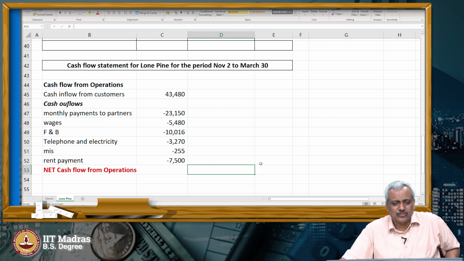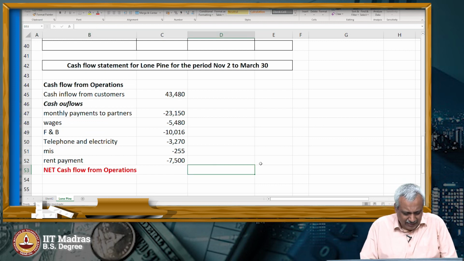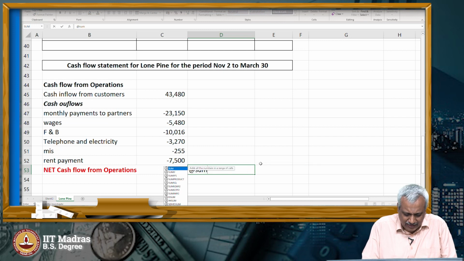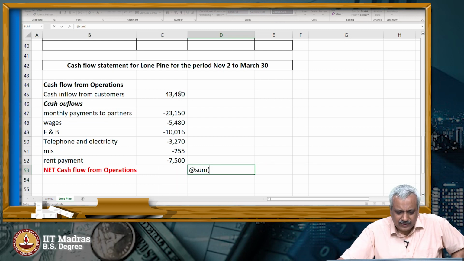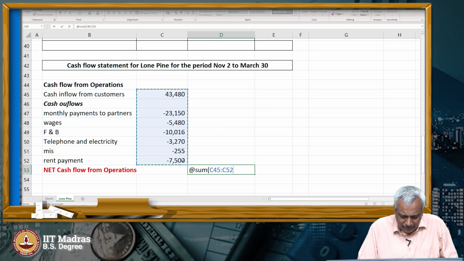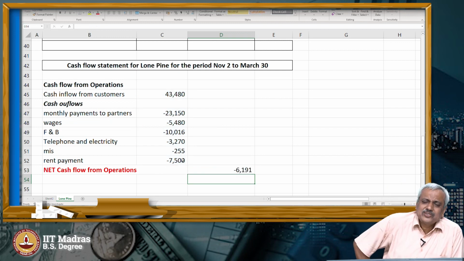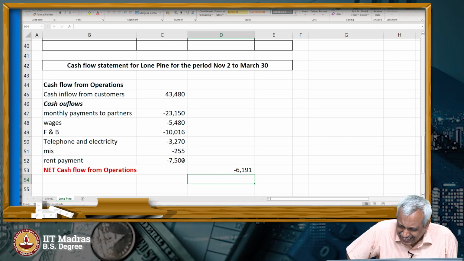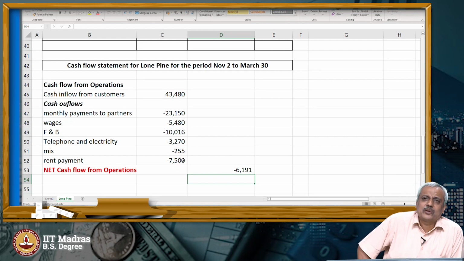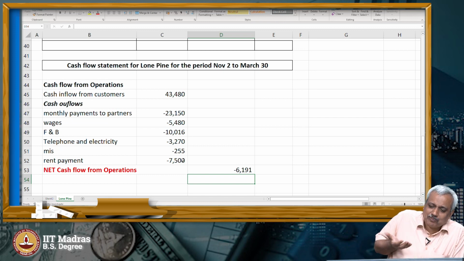The net cash flow from operations is the sum of this entire thing. So the net cash flow from operations is negative 6,191. That means the operations have not generated a positive cash flow, they have generated negative cash flows.